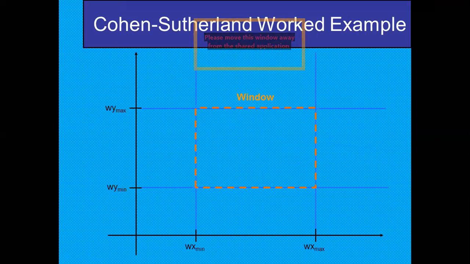After that you draw the window, shown here with the dotted yellow line. Then you choose the different line segments or points and take the decision as per the Cohen-Sutherland 4-bit outputs algorithm.